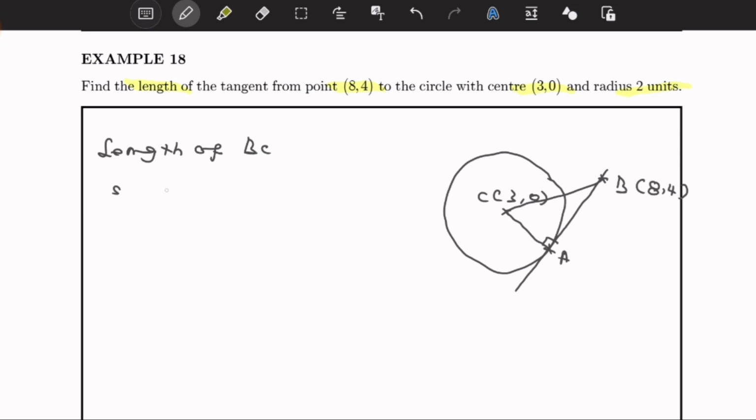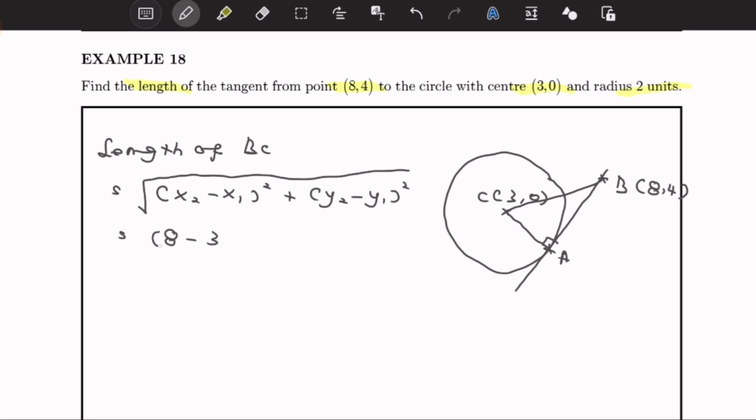We will use the formula square root of (x2 minus x1) squared plus (y2 minus y1) squared. So we have the square root of (8 minus 3) squared plus (4 minus 0) squared. We get the value root 41 for the length.